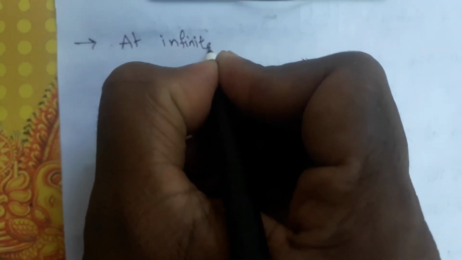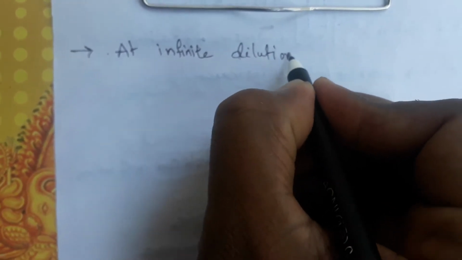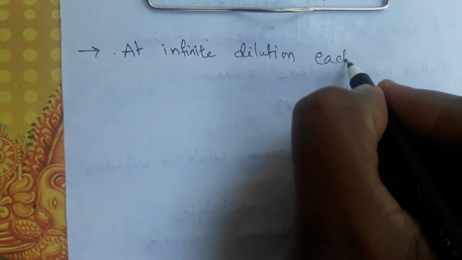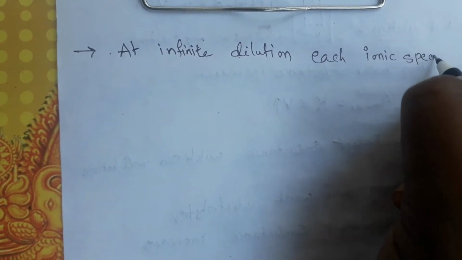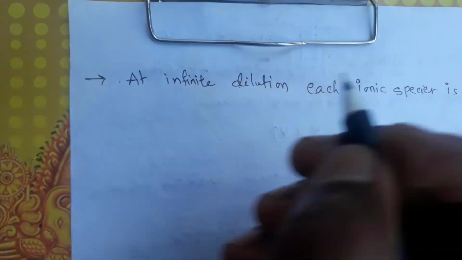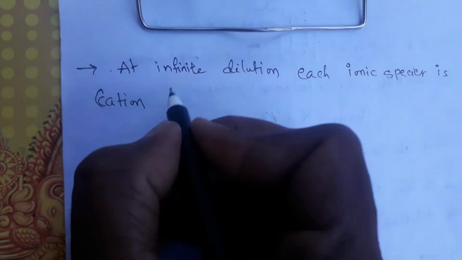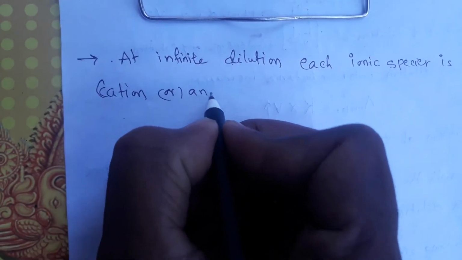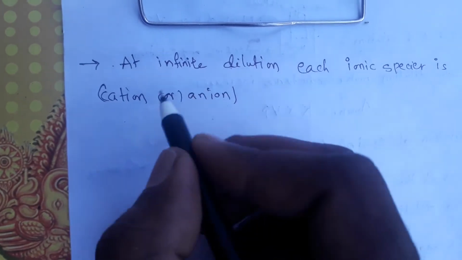So according to the Kohlrausch law, what he says is, at infinite dilution, each ionic species, be it cation or anion, meaning whatever elements are present in the ionized state.